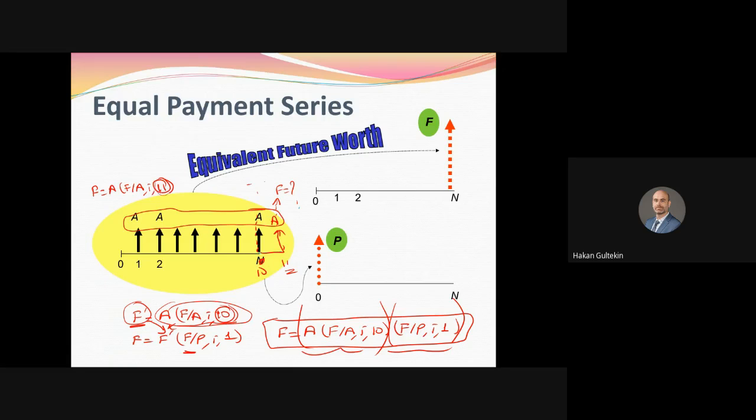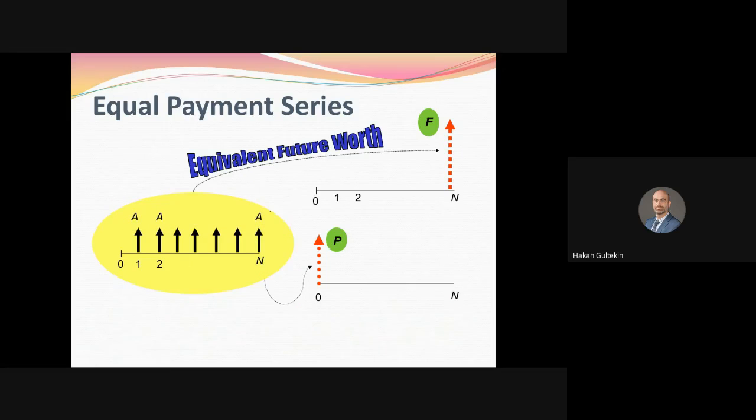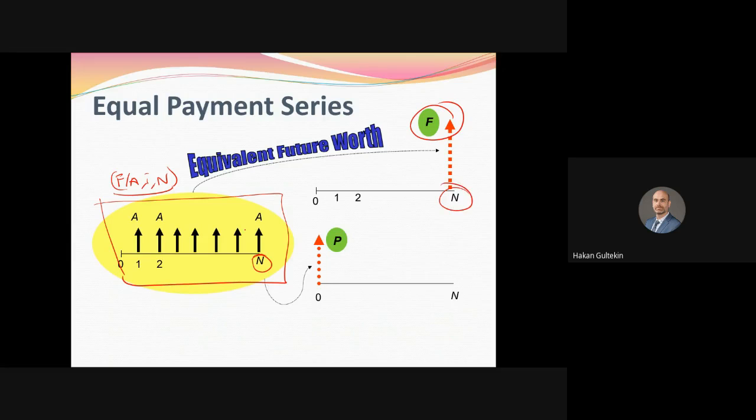Now I'm using 11. Okay, so what you should understand from here is this. This given uniform payment series, if you want to find its future value at the end of year n, then you use this factor, which is F given A, I, and n. This factor finds the future value at the end of year n if the first equivalent payment is after year 1 and if the last one appears at the end of year n.